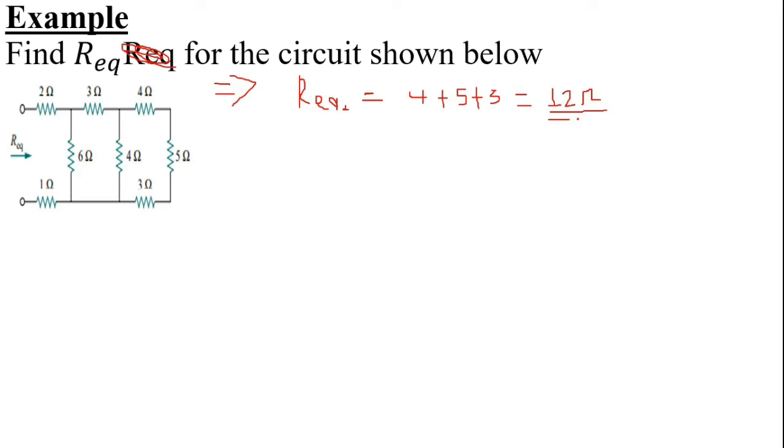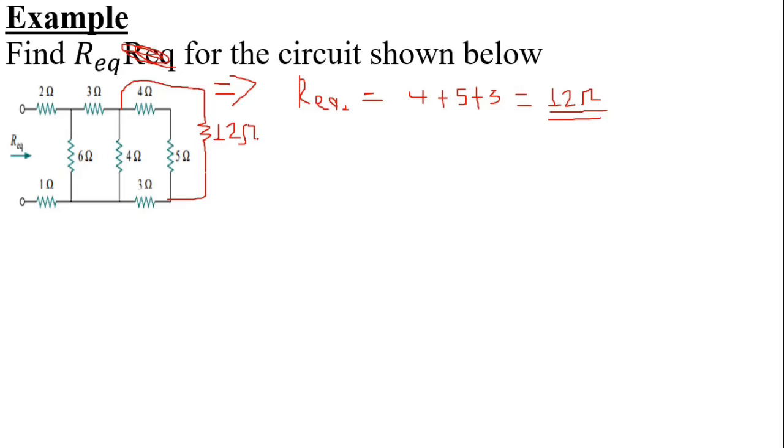Now, we can replace these 3 resistors just by a single resistive element, that is R equivalent 1, that means 12 ohm.